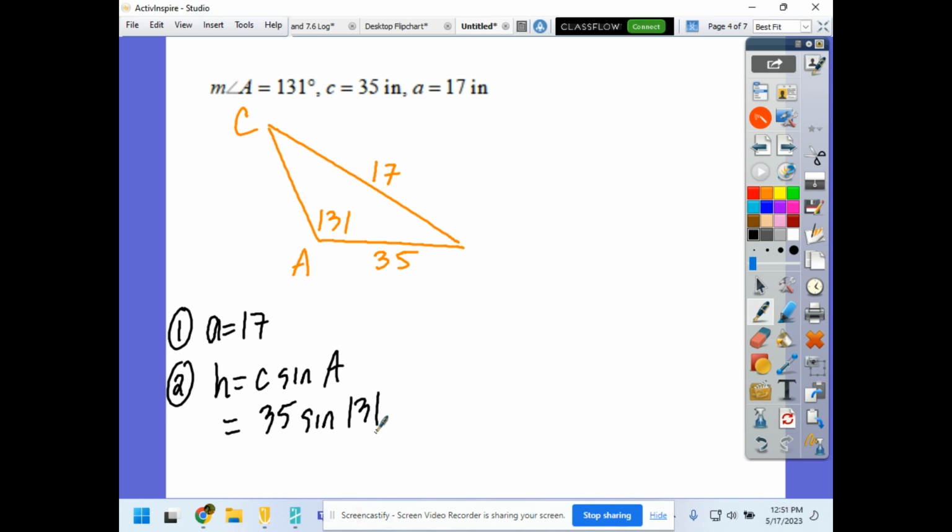Using our calculator, I get that the height is approximately 26.4.